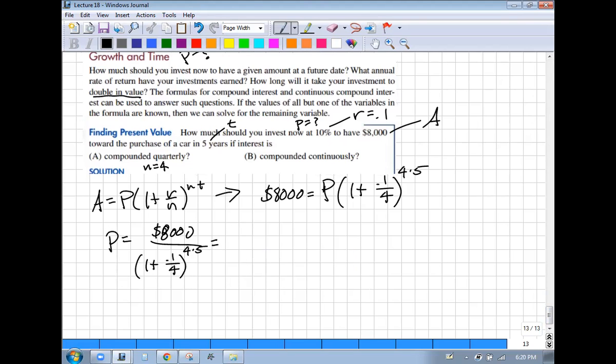So this is 8,000 divided by, figure out what this number on the bottom is. For something like this, I'm going to have to approximate an approximation, which sucks because I can't type this whole thing into my calculator, right? So I can do the bottom though. I could do 0.1 divide by 4, add 1, and then raise that to the 20th power.